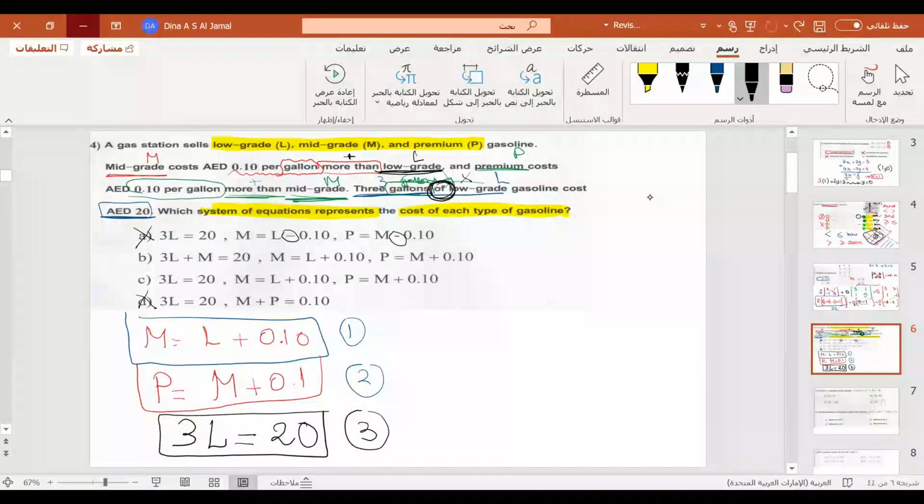What else do I have? I have here 3L is equal to 20, L plus 0.1, P is equal M plus 0.1. Do you have a relation like this? Wrong. So your answer is C directly.